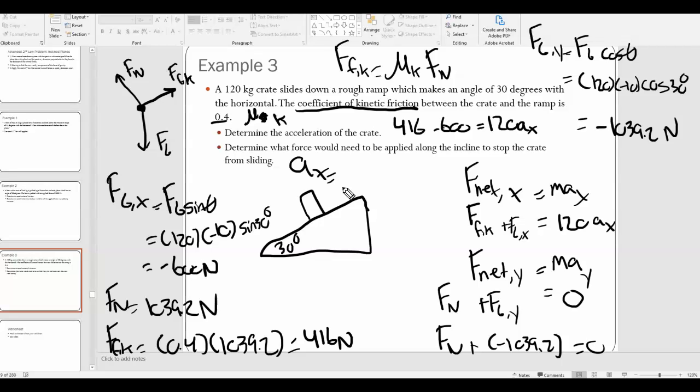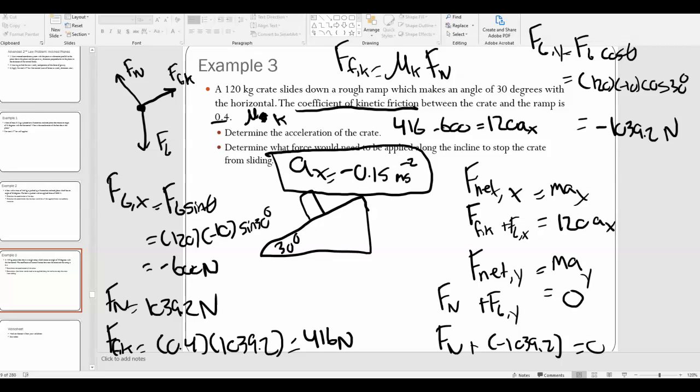Okay, 416 minus 600 divided by 120, and you get negative 0.15 meters per second squared. Okay, and so that would be the acceleration of the crate on the ramp. So it's still accelerating down the incline, but not very much because there's so much friction.